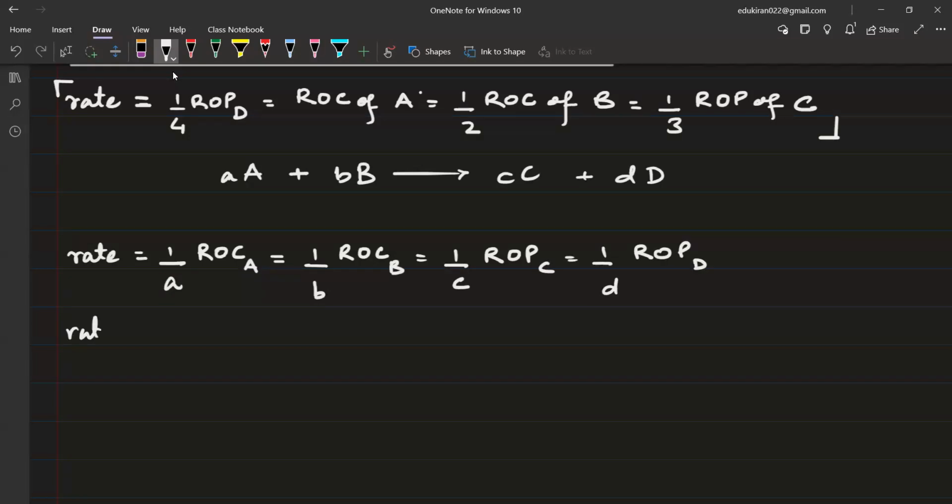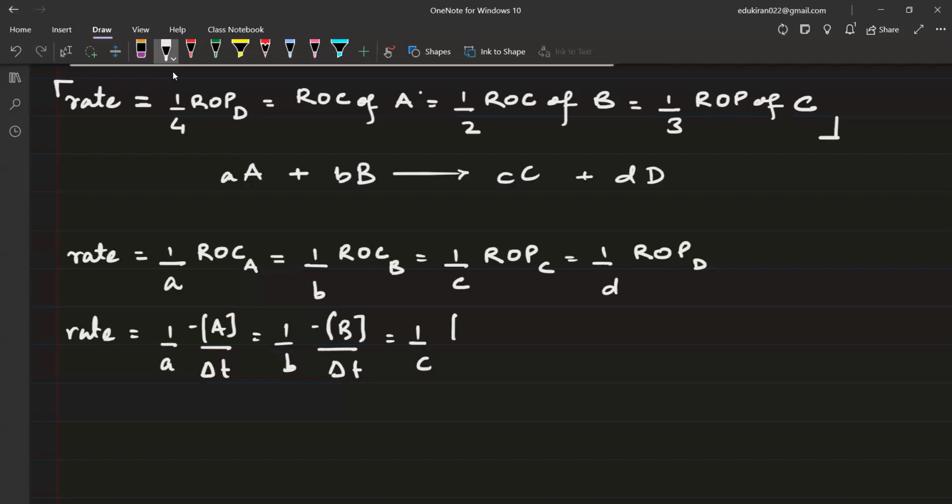The rate of reaction will be equal to 1 by a, and rate of consumption of A is what? It is negative change in concentration of A by change in time. 1 by b, change in concentration of B divided by change in time, will be equal to 1 by c, the change in concentration of product, that is C, divided by change in time.